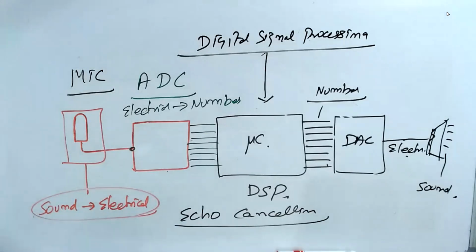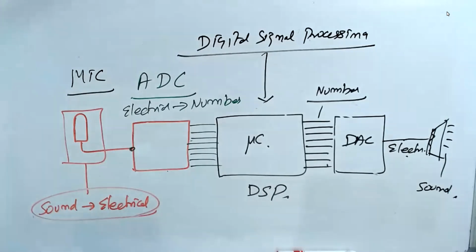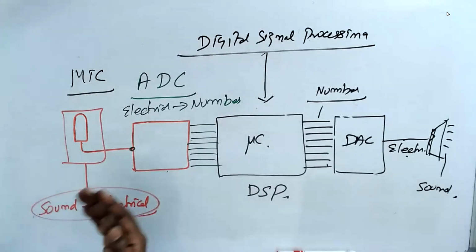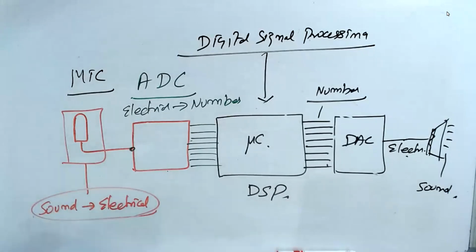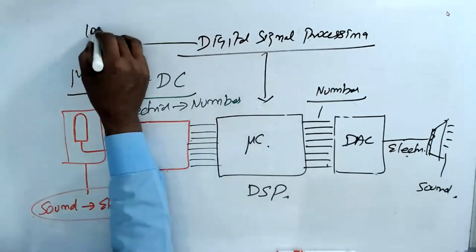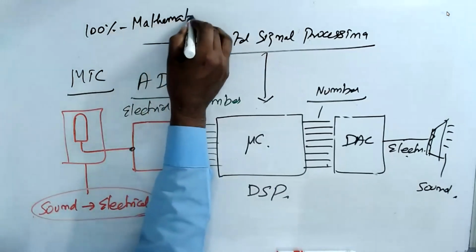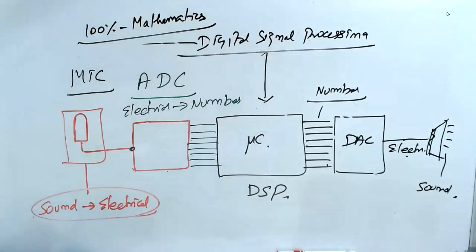When you speak in Google Talk, or Siri understands you, or your Alexa understands your voice, how do they understand your voice? That is because of this DSP. That's one of the beautiful fields. But this is 100% mathematics. If anybody is interested in mathematics, do this. It's a wonderful field.